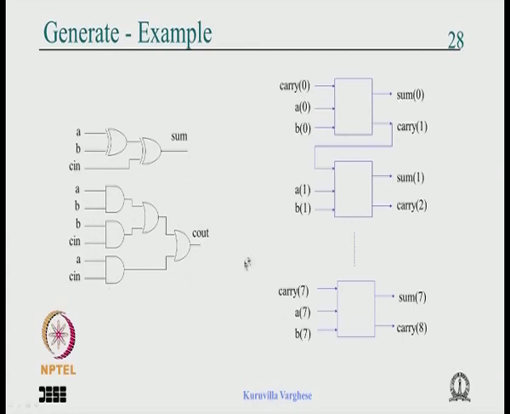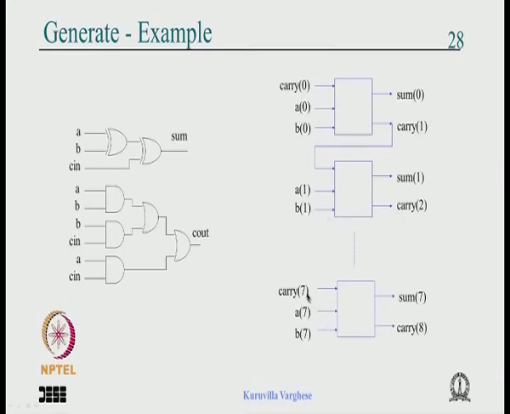That means if 2 or more inputs are 1, then the carry is 1. And when we make a ripple adder, A0, B0 and C0 come here, and sum 0 is output. The output of the first stage is carry 1, which is fed into the carry input of the second stage. Then you get sum 1, carry 2 and it goes on.